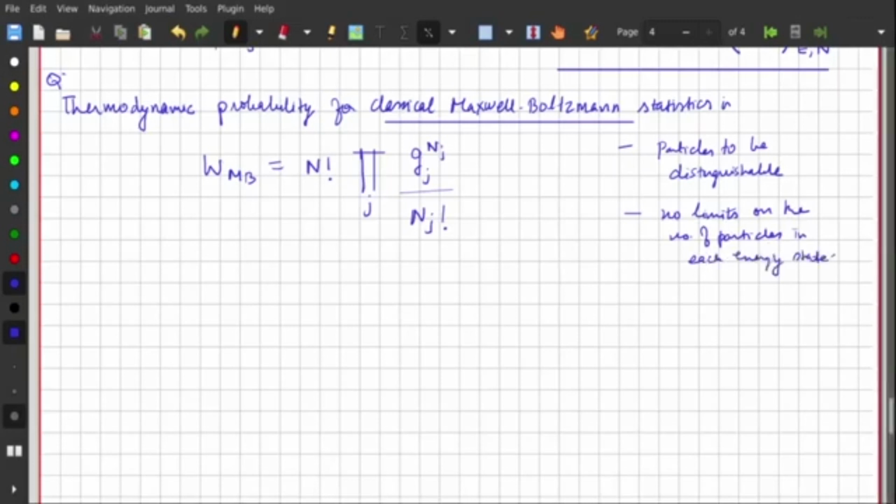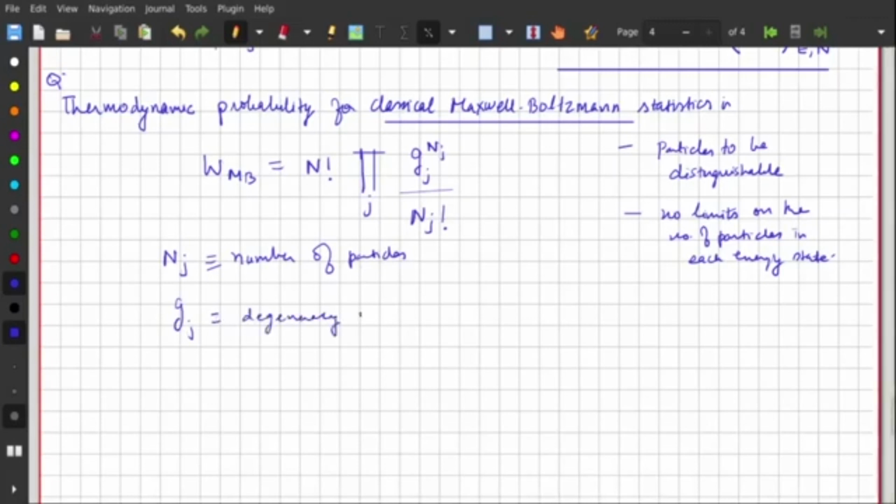Here we recall nj is the number of particles in the jth energy state, and gj is the degeneracy of the jth energy level.